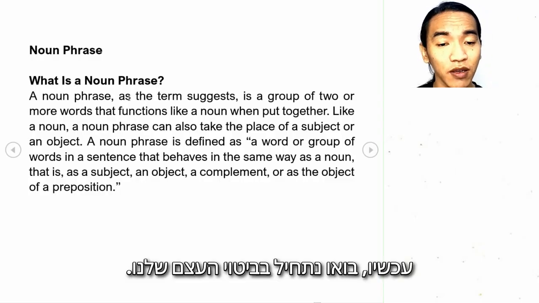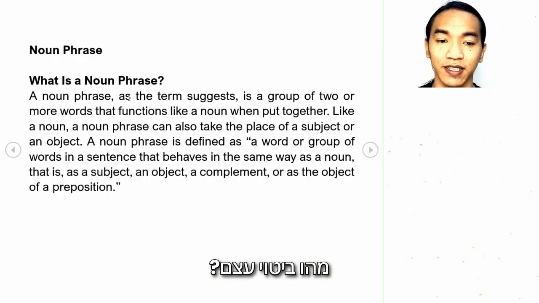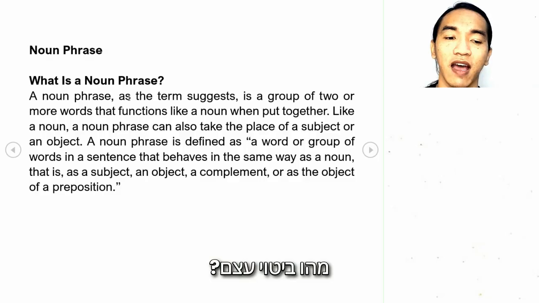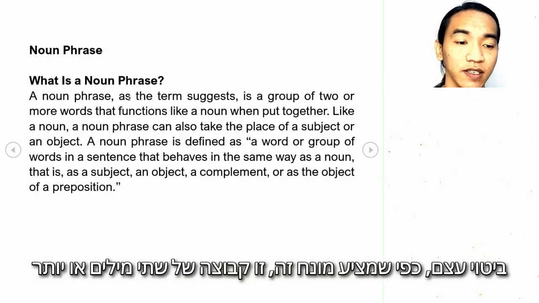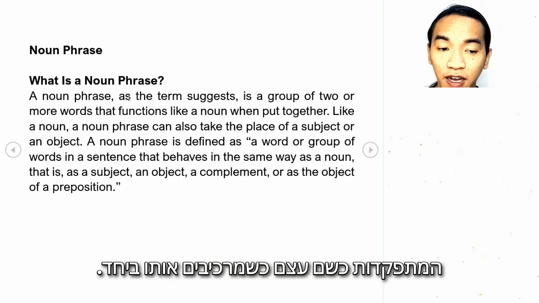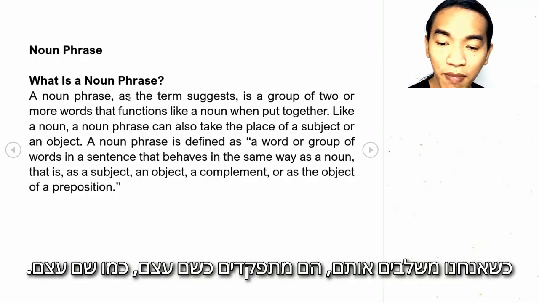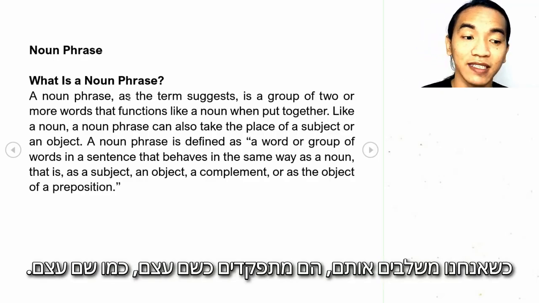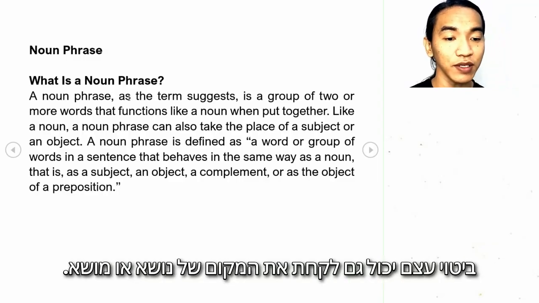Okay? Now, let's start with our noun phrase. Okay? What is a noun phrase? A noun phrase, as the term suggests, is a group of two or more words that functions as a noun when put together. Okay, when we combine them, they function as a noun. Like a noun phrase can also take the place of a subject or an object.